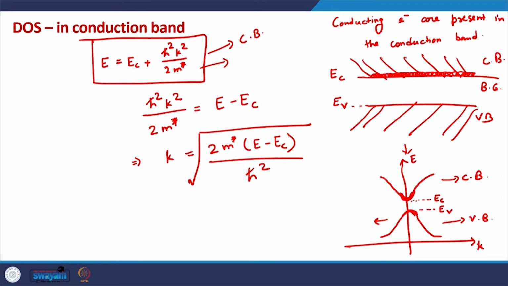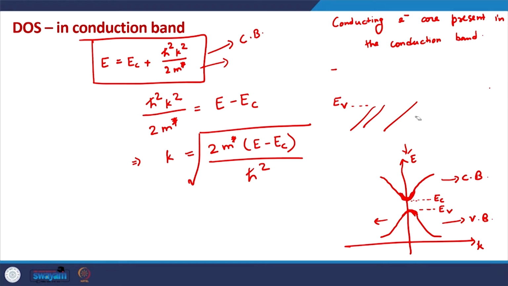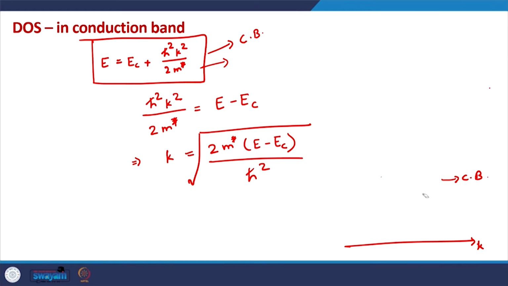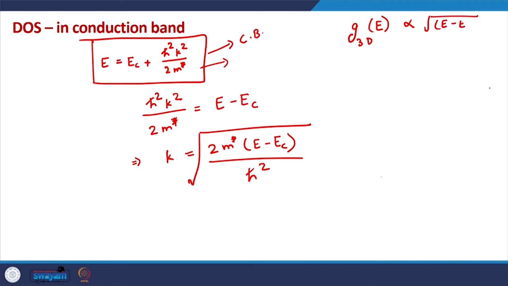For the 3D material in the conduction band, the form will be the same, but in place of E we will have E minus EC. In the 3D case, G3D(E) would be directly proportional to the square root of E minus EC.